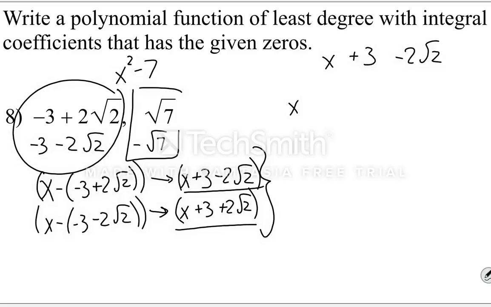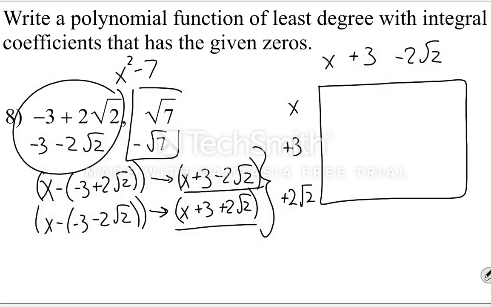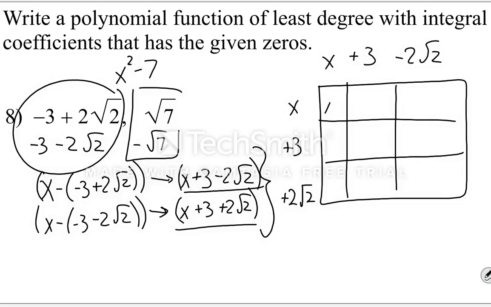I get x plus 3 and then plus 2 root 2. And then I have my 3 by 3 box. I get x squared, 3x, negative 2x root 2. I get 3x, 9, and negative 6 root 2.